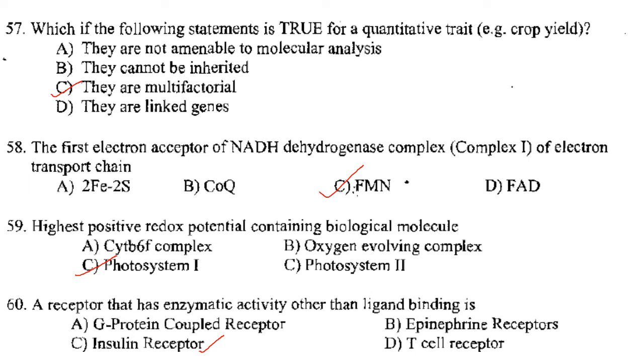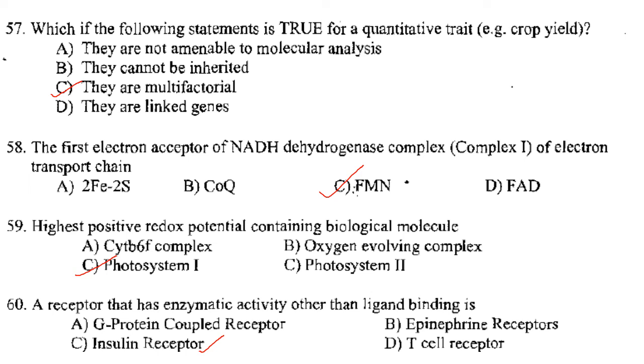Then, the first electron acceptor of NADH dehydrogenase complex 1 of electron transport chain. So, the complex 1 is composed of FMN and an enzyme containing iron sulfur, FeS. So the NADH molecule donates 2 electrons to an acceptor group, that is FMN.